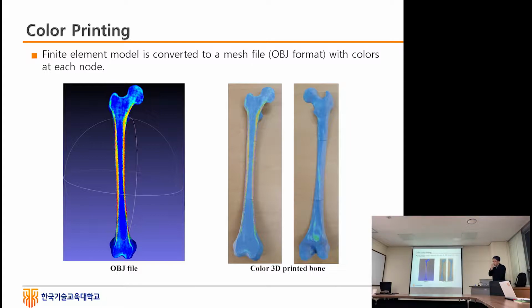And then the mesh file can be printed using 3D printers. I printed this file using a color 3D printer, and this is the printed result. Using this physical model, we can understand well the material distribution or the density distribution.